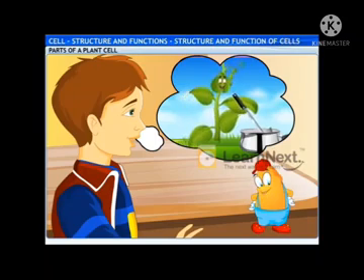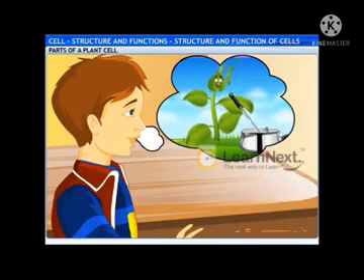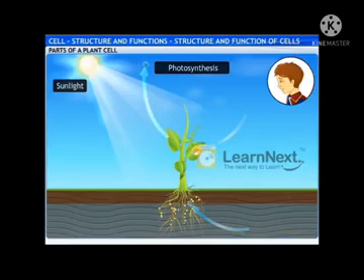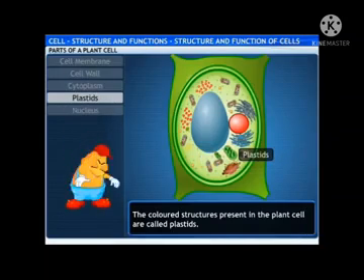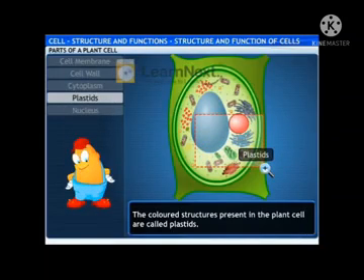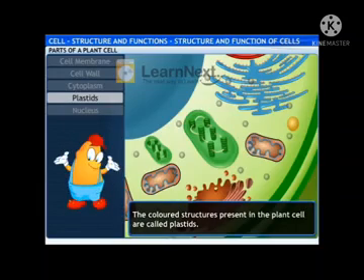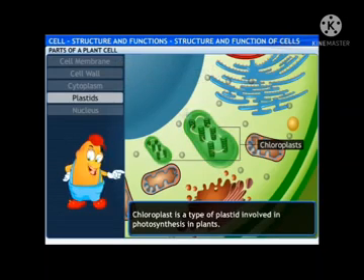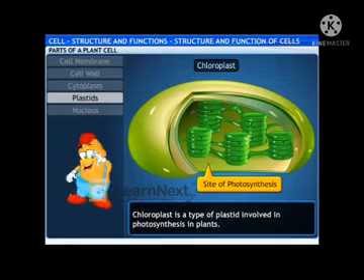Do you remember how plants prepare their food? Sure, through photosynthesis. We learned that at school. See those colored structures present in the plant cell? Those are plastids. Chloroplast is a type of plastid involved in photosynthesis in plants.